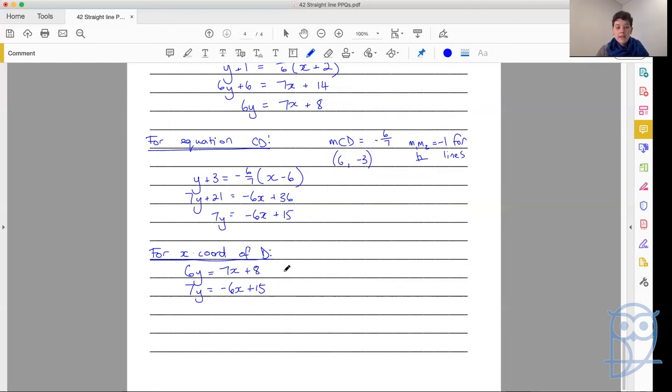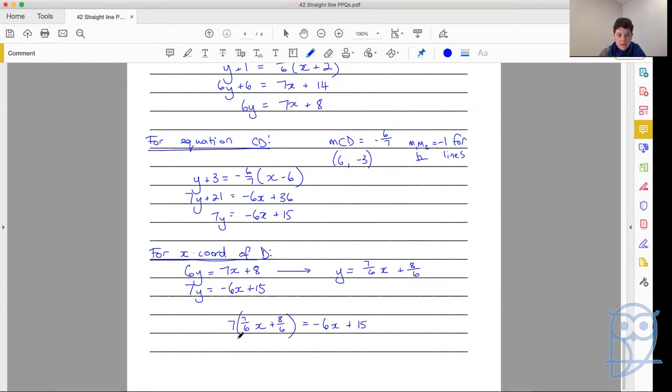So we want to work for x, so let's get rid of y. So y equals 7 over 6 x plus 8 over 6. Then we can go and substitute in. So 7 over 6 x plus 8 over 6 equals -6x plus 15.